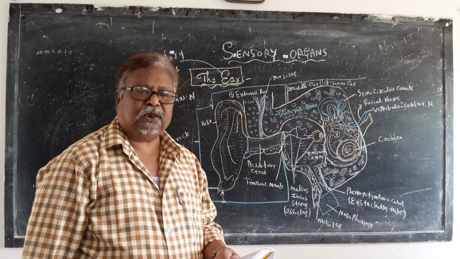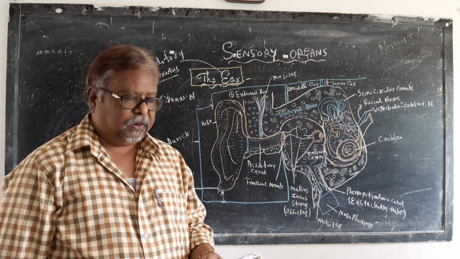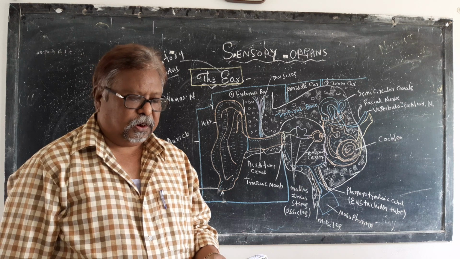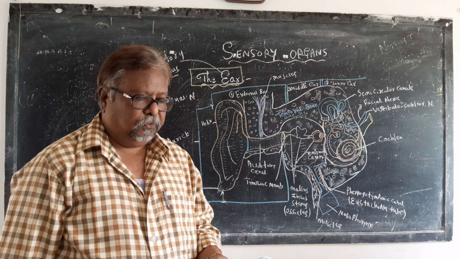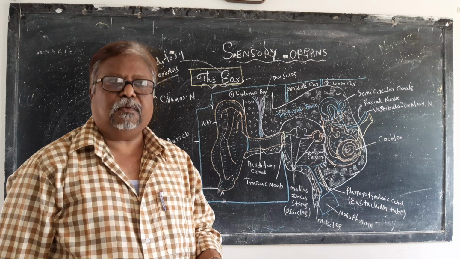So the ear is a very specialized organ supplied by the 8th cranial nerve, that is the cochlear branch, which responds to the vibrations generated by sound waves.